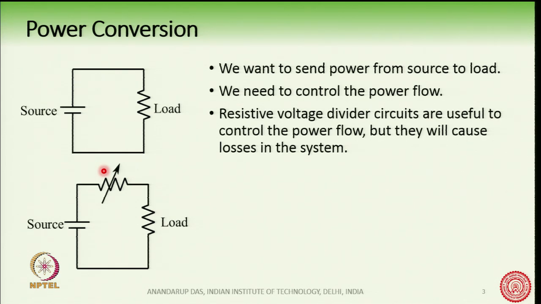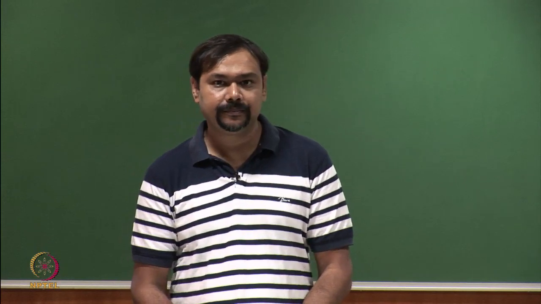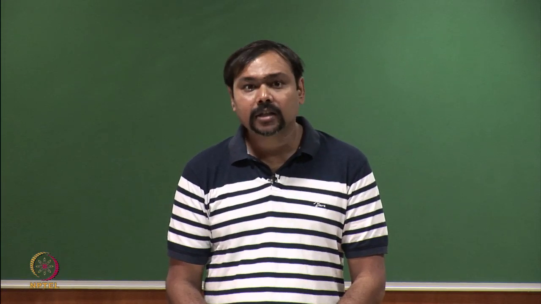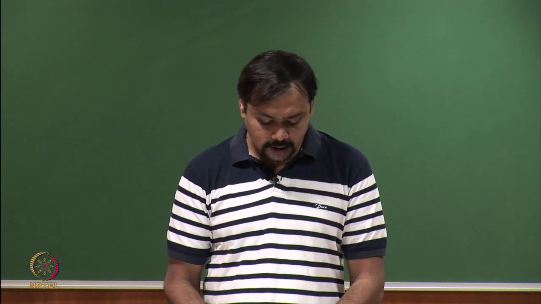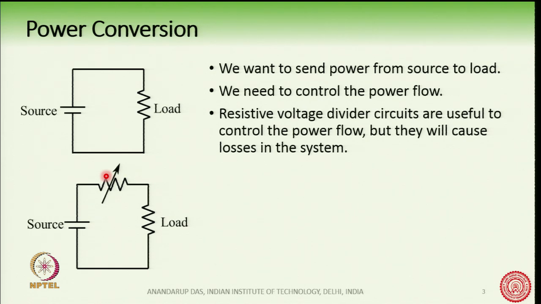In particular, when we talk about high power levels, this circuit is not at all suitable, because it will cause a large amount of heat dissipation in this particular resistive voltage divider circuit, and subsequently the efficiency of the system will go down.